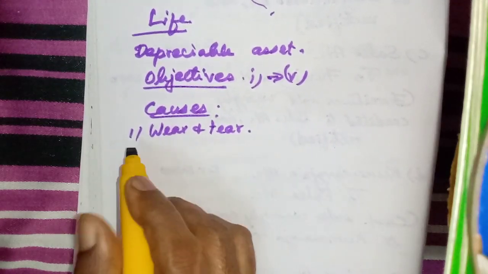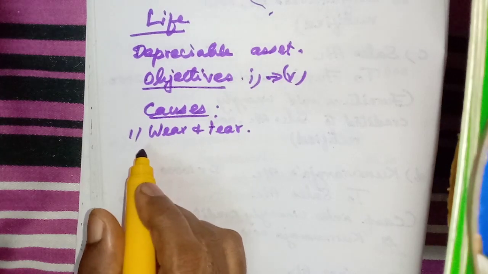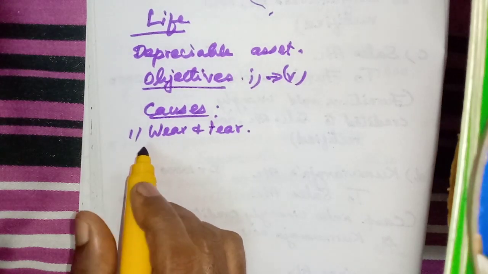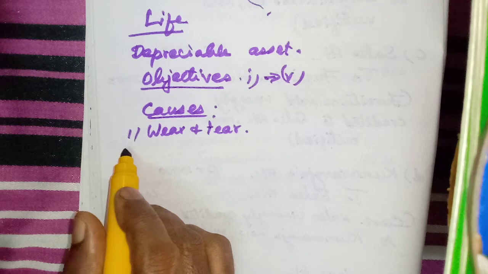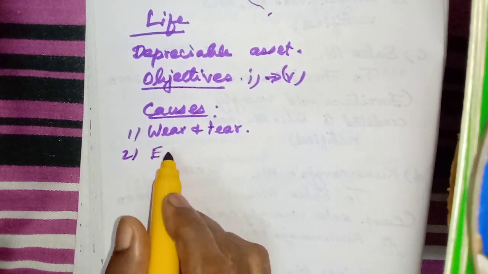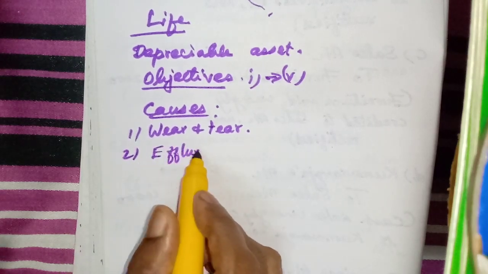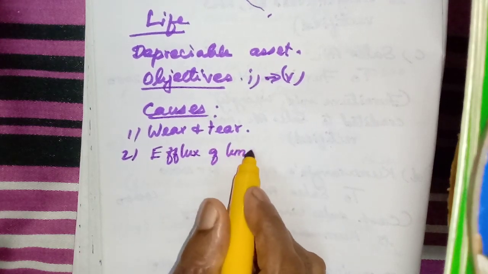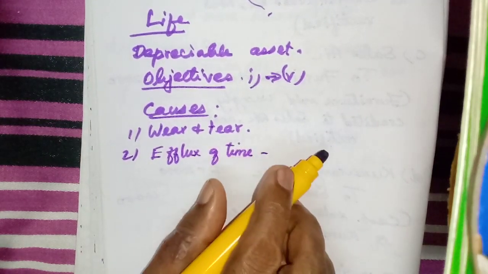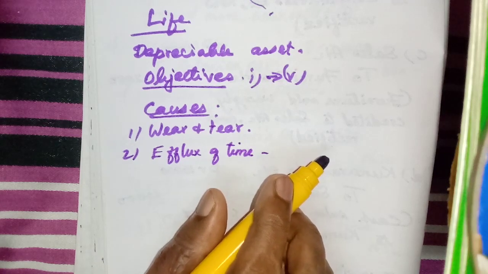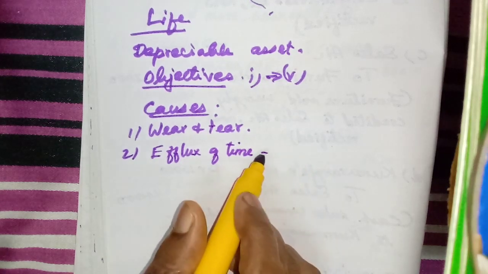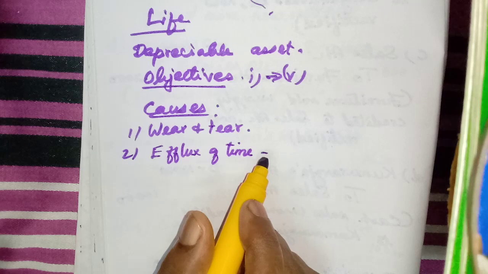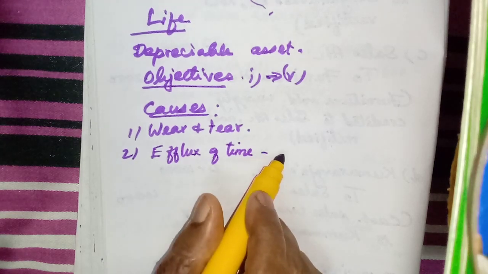Okay, if a machine is run continuously, its life gets reduced, isn't it? That is called wear and tear. Next one, effects of time. Even if we do not use it, if time passes and the asset is kept idle, its life gets reduced, isn't it?